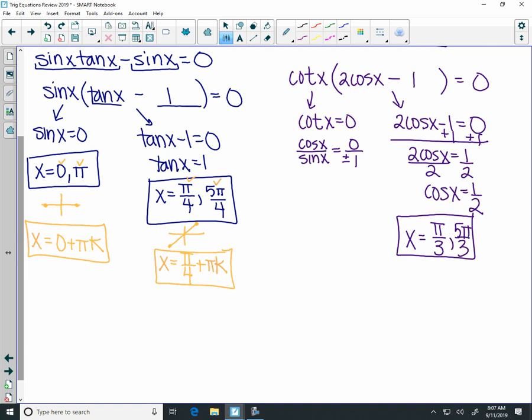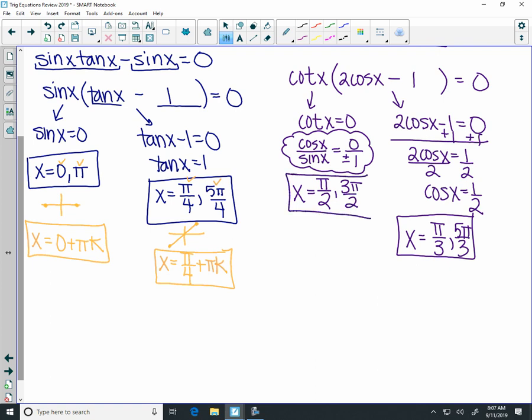Thinking through this ordered pair is much easier for me than thinking about cotangent. So cosine is 0 and sine is 1 at pi over 2. The other place that happens, where sine is negative 1, is at 3 pi over 2.